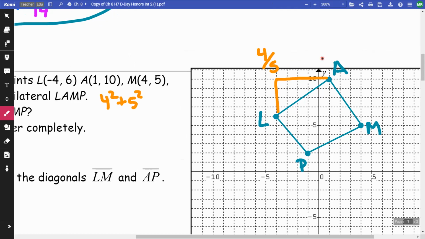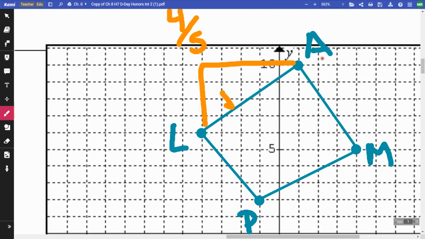So 16 plus 25. And I end up getting 41. So this is going to be the square root of 41.